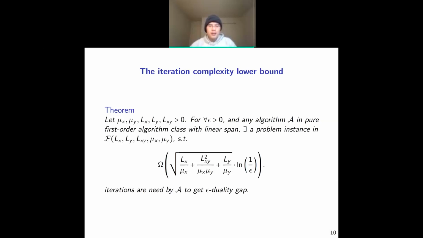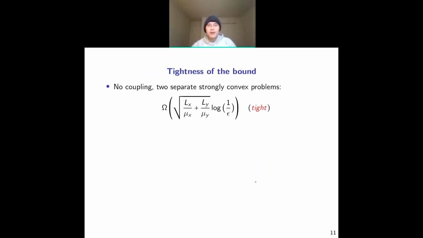But unfortunately, for this lower bound, at this moment, we don't know if it's tight or not. All we know is that under a bunch of special cases, it is tight. As we have mentioned before, for two separate strongly convex problems with no coupling, this lower bound is tight, and it is achieved by Nesterov's accelerated gradient method.